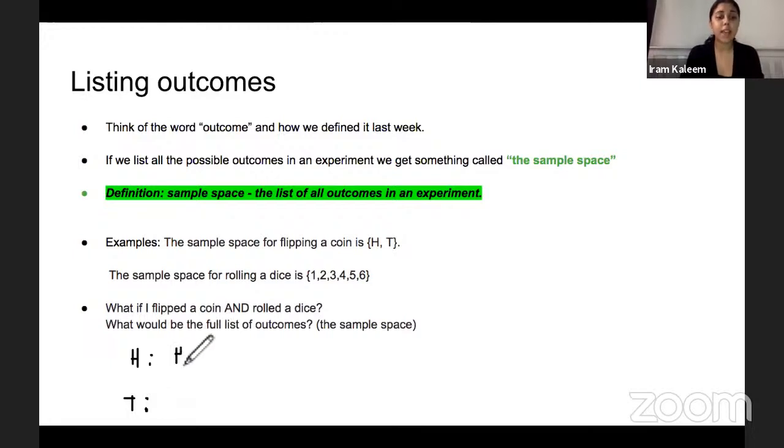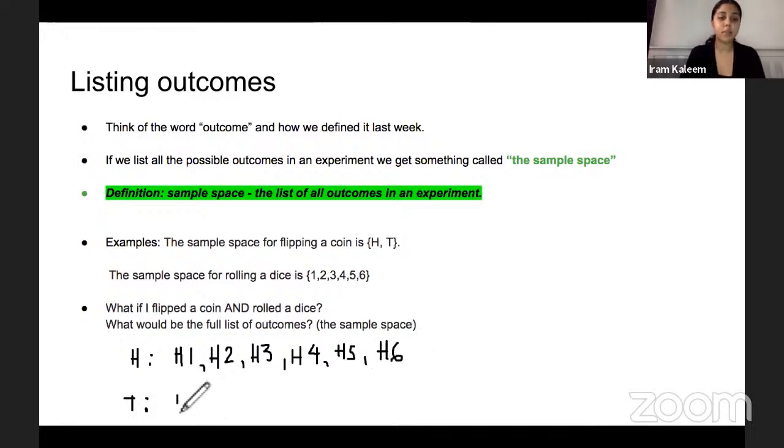I can land on heads and roll a 1 on the dice, so I can write that as H1. I can land on heads and roll a 2, I can write that as H2. Land on heads and roll a 3. Land on heads and roll a 4. And you just keep going until 6.